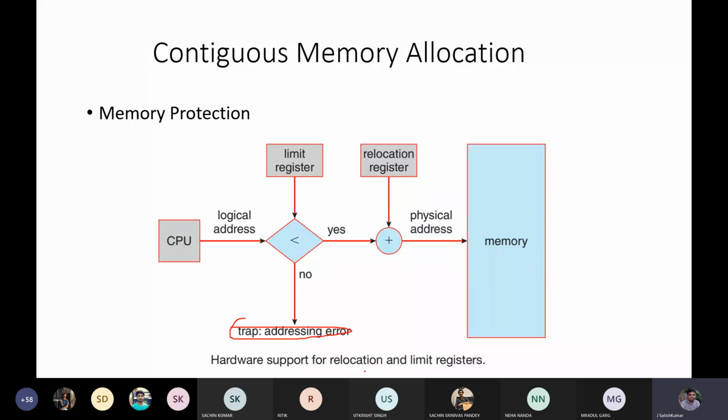This is the hardware support for relocation and limit registers, the same thing we discussed earlier. When we make a continuous memory allocation, we need to consider the limit register and relocation register, and the address will be mapped into the physical address. Is this clear? Yes, sir.